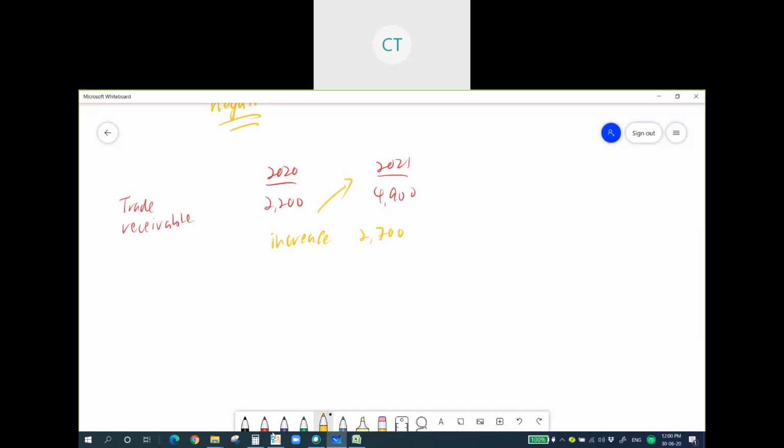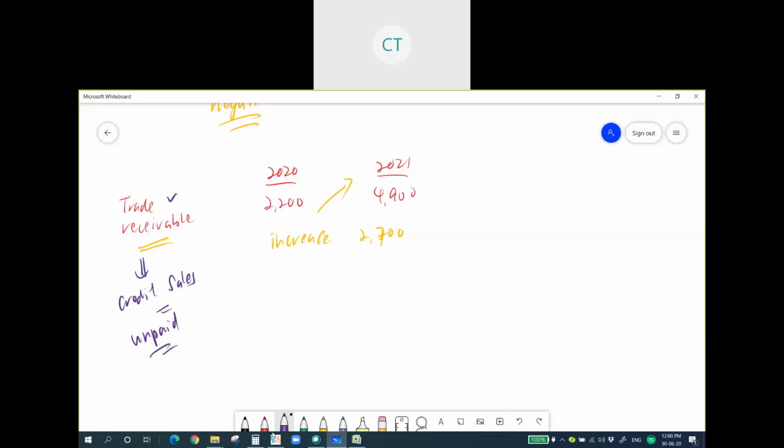Am I right? So tell me, what is trade receivables? It means that when we have credit sales to the customer, but the customer has not paid us, we have trade receivables. I explain again. You sell the product to your customer, but your customer does not pay you immediately. So we call it credit sales. So we have trade receivables.